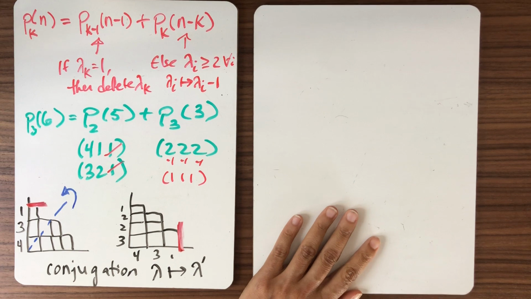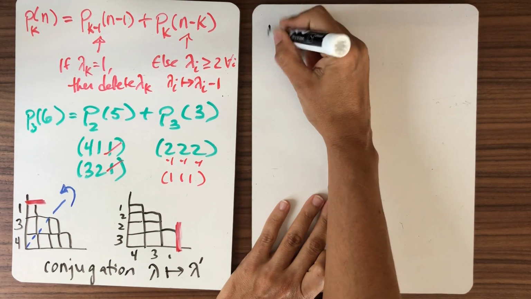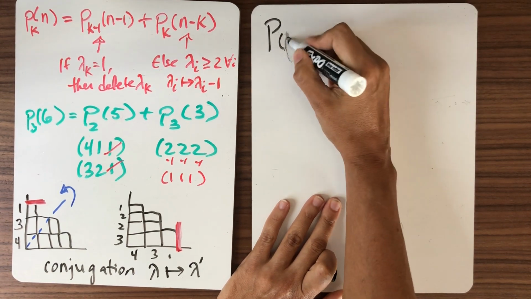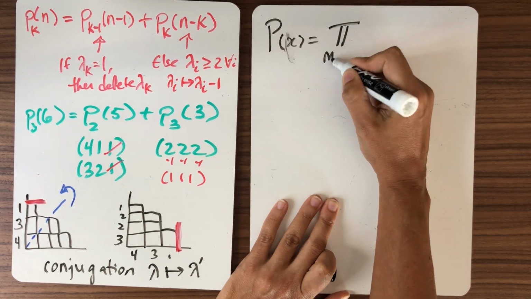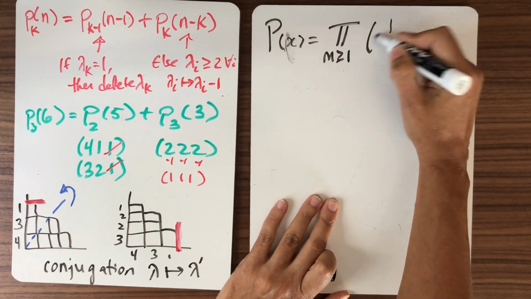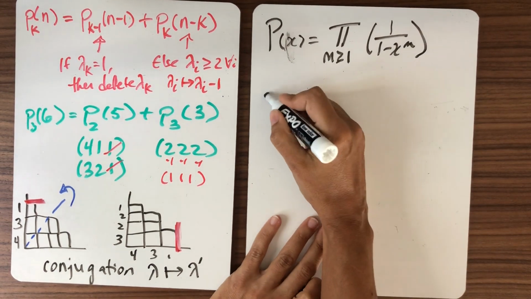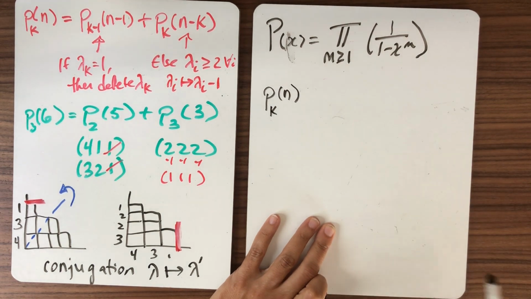So remember that we had this generating function for all partitions of n, which is P of x, equal to the product over m greater than or equal to 1 of 1 over 1 minus x to the m. And now this PKN, we want to think about, can we get a generating function for that?